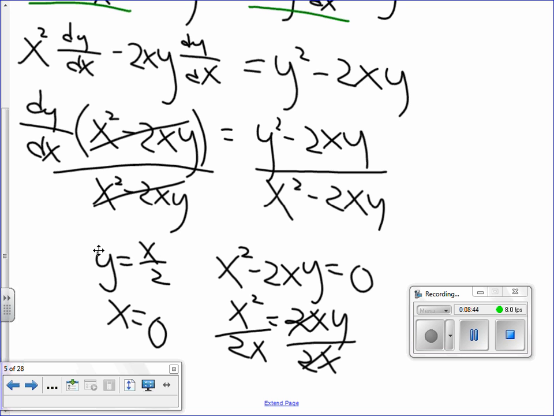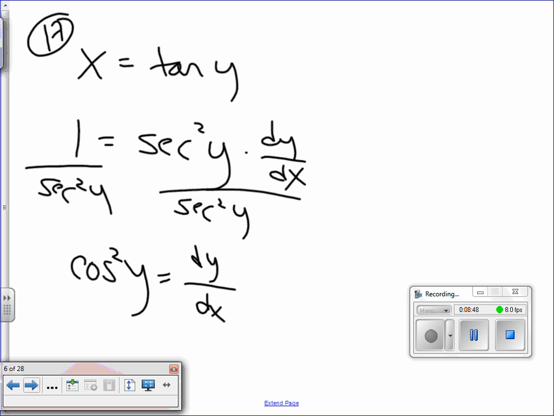Yes. 17. Ooh, I heard an ooh. I like this one, actually. So you took the derivative of x. You knew it was 1, right? The derivative of tan y is secant squared y times dy dx. Did you get that part? Derivative?